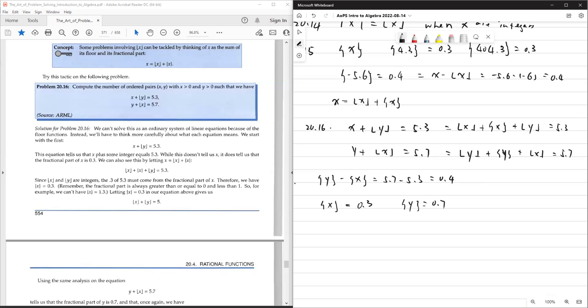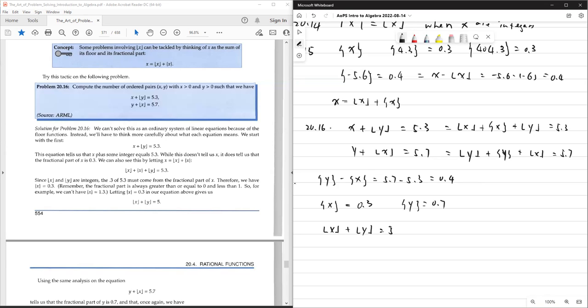Now I think we have 2 minutes left. What we know is that the floor of x plus the floor of y equals 5, from both of these.